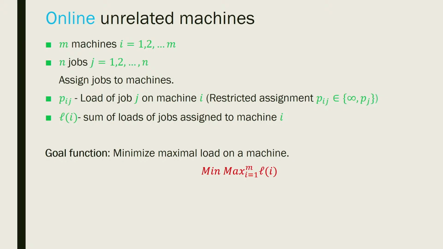What does an online problem mean? In the offline problem, all the jobs are given in advance. Here, the jobs arrive one by one, and we need to assign each to a machine immediately, without waiting for the next one. So jobs arrive one by one and should be assigned irrevocably to machines.